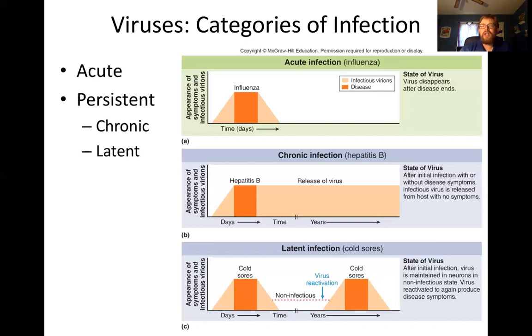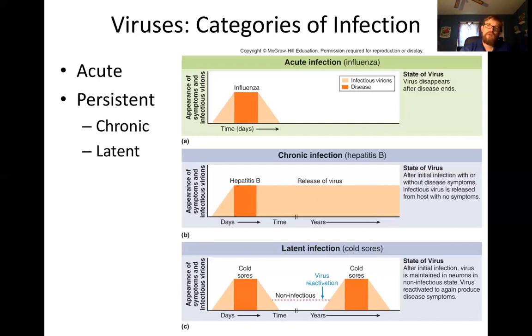So a chronic infection, an example of that would be if you've heard of hepatitis viruses. So, hepatitis B, there's also hepatitis A and hepatitis C. But in this case, what happens is you get infected, you have a short period where you show a bunch of symptoms, but then the symptoms go away, but the virus remains ever present in your system and in high quantities, okay?